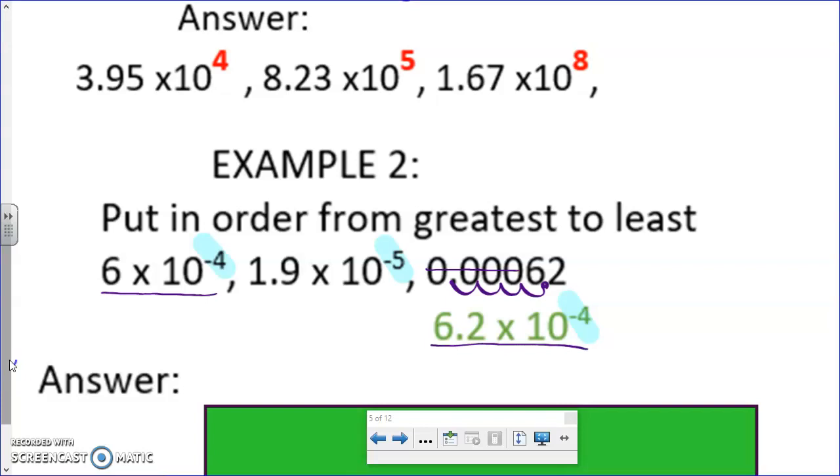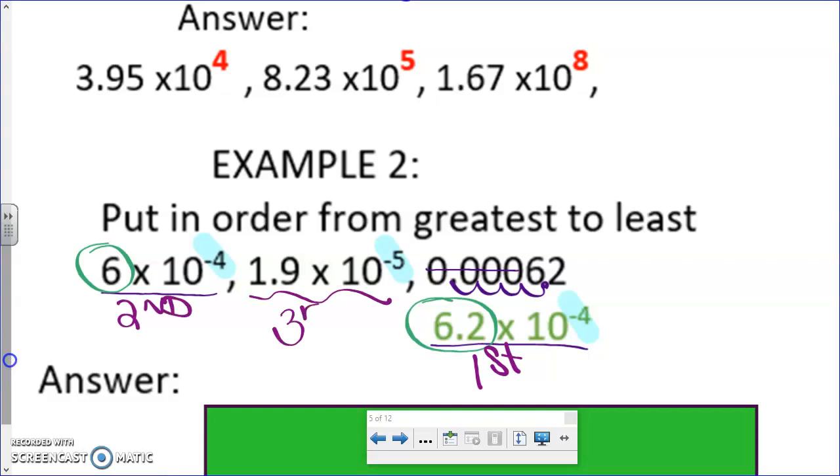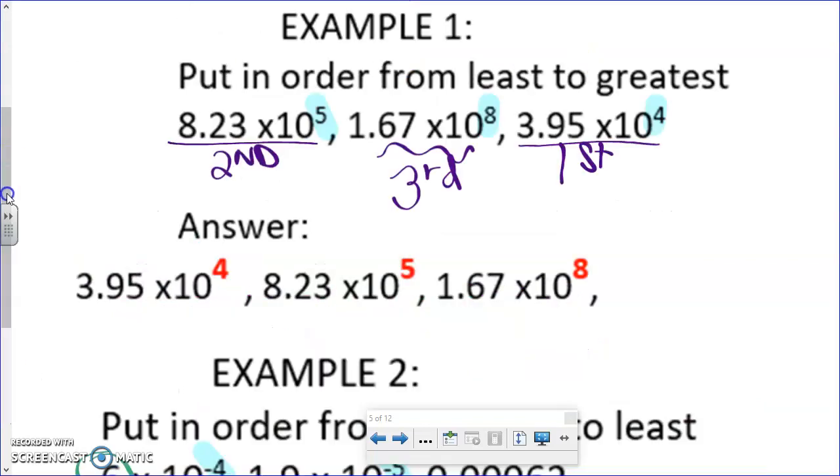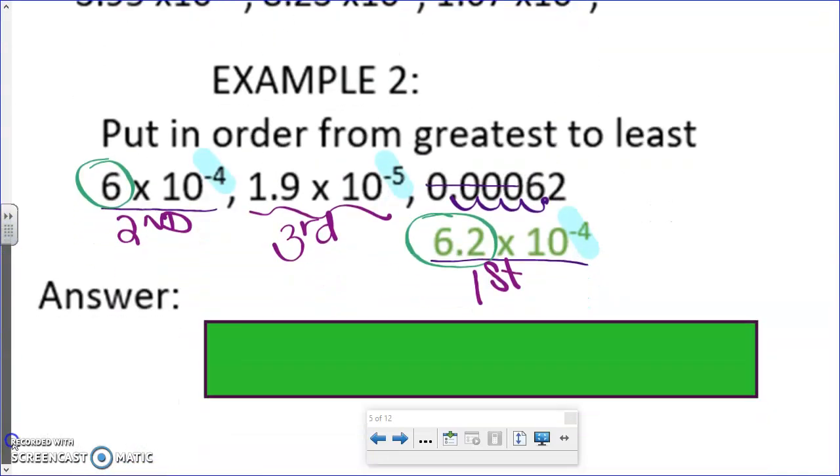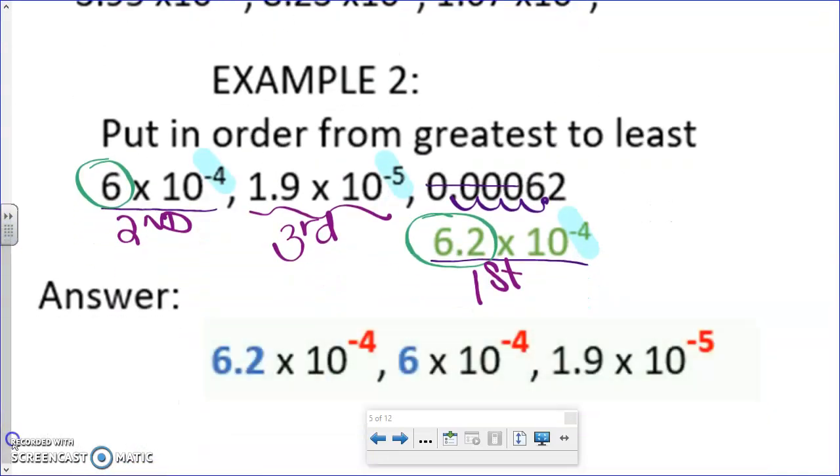So in this case, I need to look at the first number. So I have 6 and 6.2, and I need to go for the biggest. The biggest one is going to be 6.2, so that's going to be first. 6 times 10 to the negative 4 is going to be second, and then the 1.9 times 10 to the negative 5 is going to be third. So your answer should look like this.